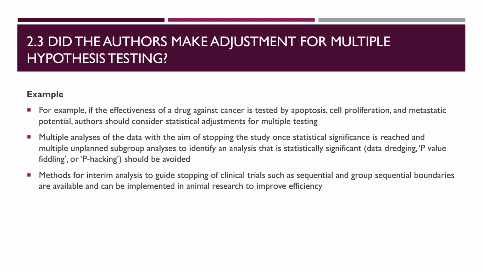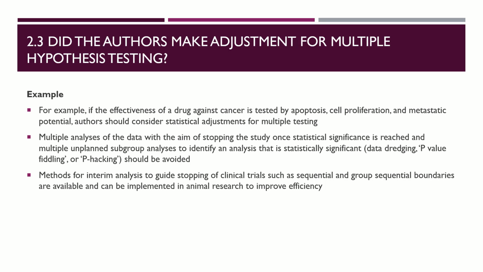So you should do adjustments for multiple testing. Multiple analysis of the data with the aim of stopping the study once statistical significance is reached, and multiple unplanned subgroup analysis to identify an analysis that's statistically significant should be avoided.